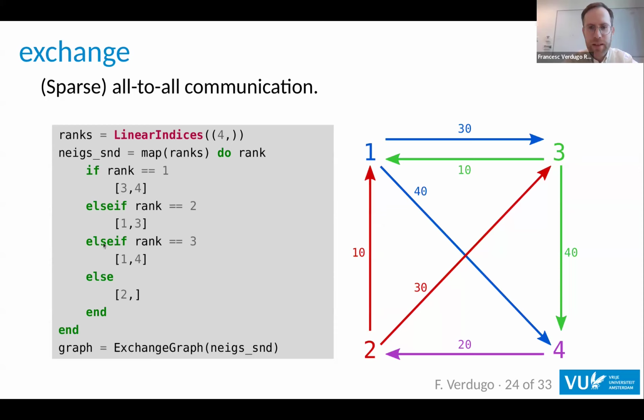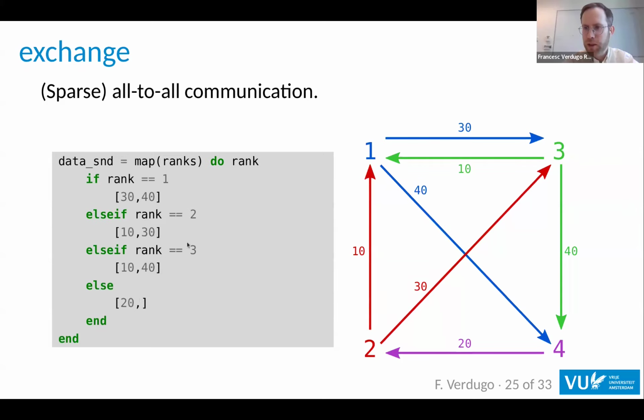You represent with an array the graph describing the communication, in other words, the numbers of the processes to which you want to send data. In this case, the first entry of the array has indices 3 and 4, meaning that the first process wants to send data to process 3 and to process 4, right? The second process wants to send data to 1 and 3, etc. And with this, you build this graph, which represents this communication pattern.